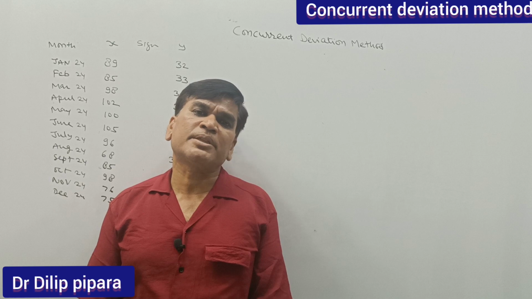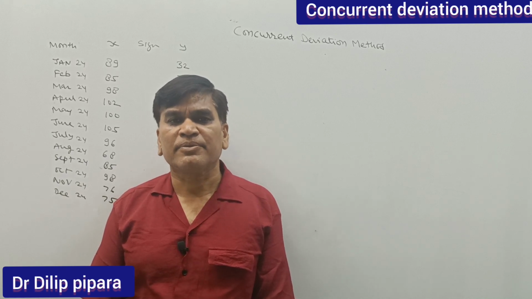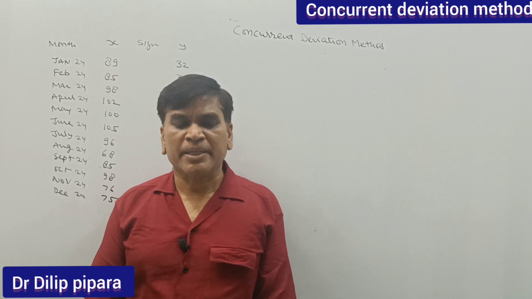With the help of this method, we can get the direction of the correlation, whether it is positive or negative.